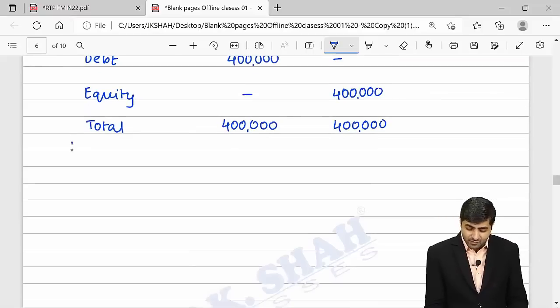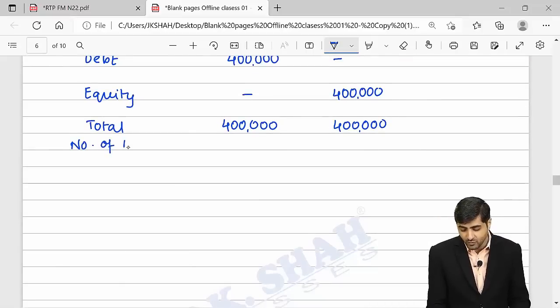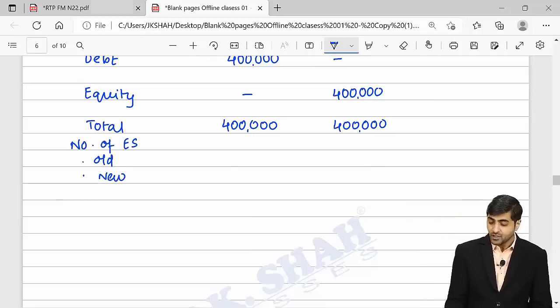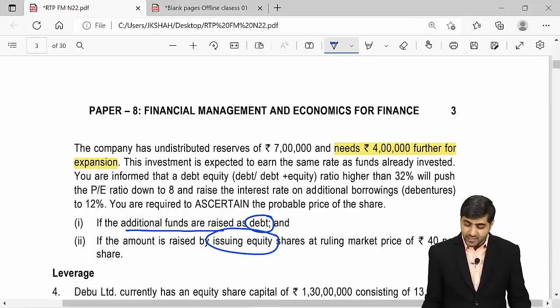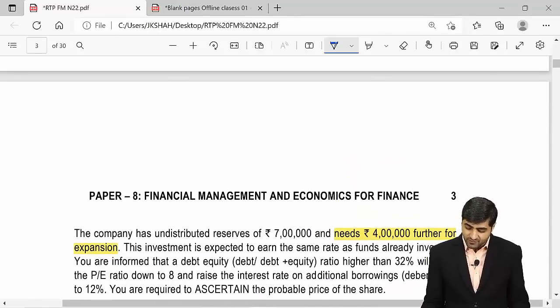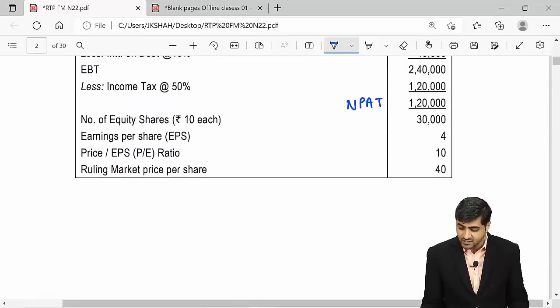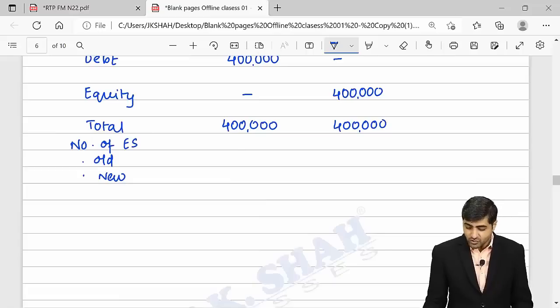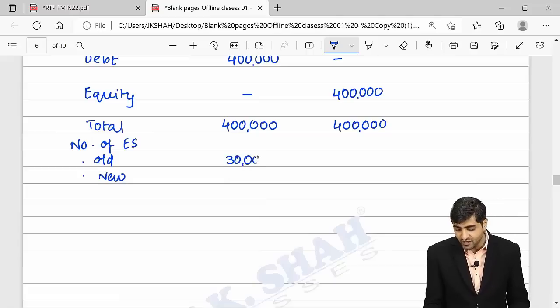And here the most important thing is your number of equity shares. We have some old shares and some new shares. The old shares available in the question are 30,000, so these 30,000 old shares will be there under both plans.